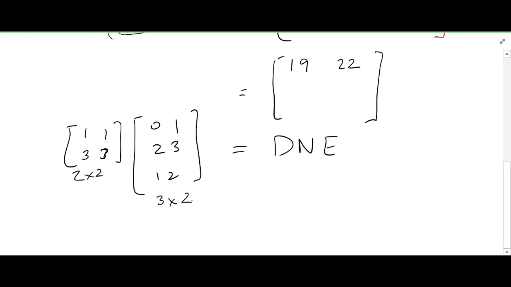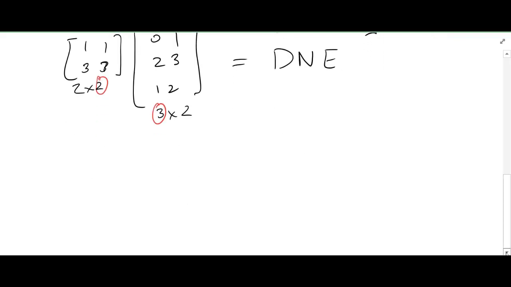So the rule is that the inner dimensions have to line up. They have to be the same. So the number of columns of the first matrix has to be the same as the number of rows of the second matrix. So in general, if A is an m by n matrix, you can multiply it by some n by p matrix.